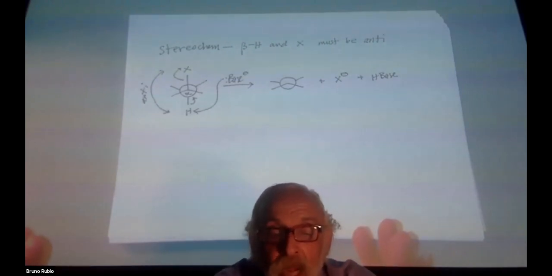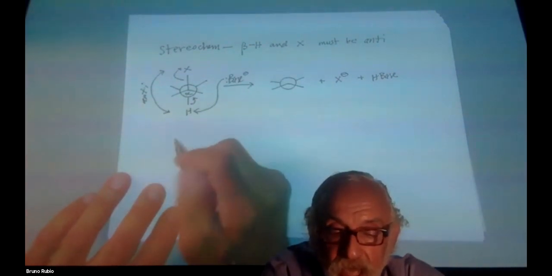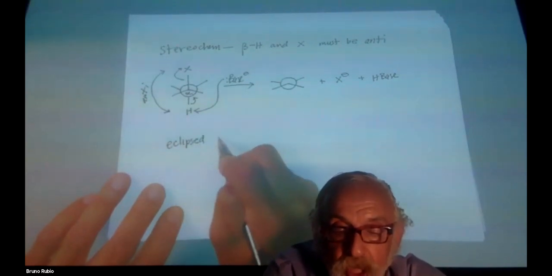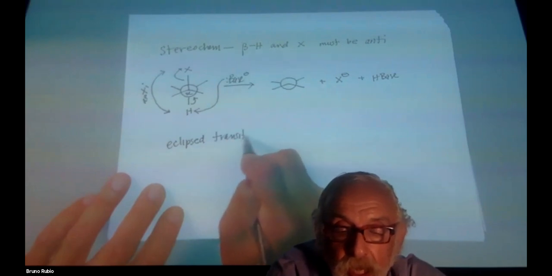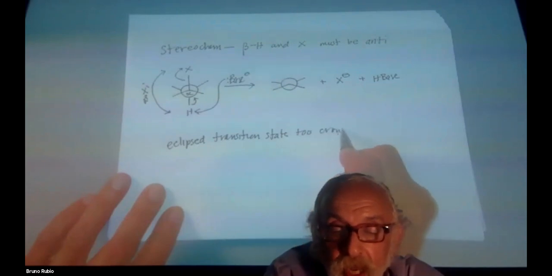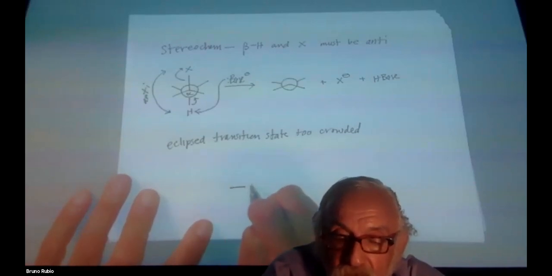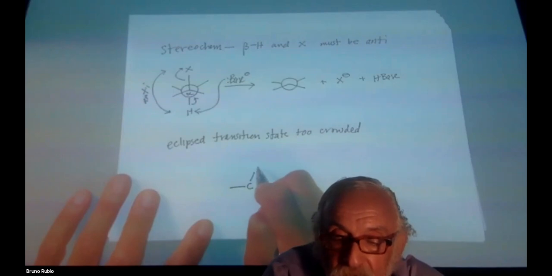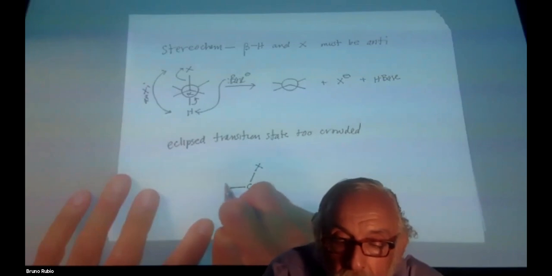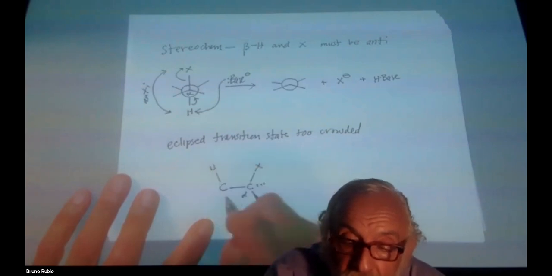And why it's required is because the eclipsed transition state is simply too crowded, right? We would have the alpha carbon here with the leaving group leaving. We have the beta carbon over here with its beta proton.